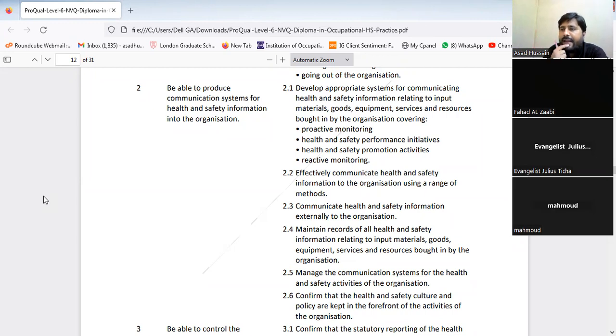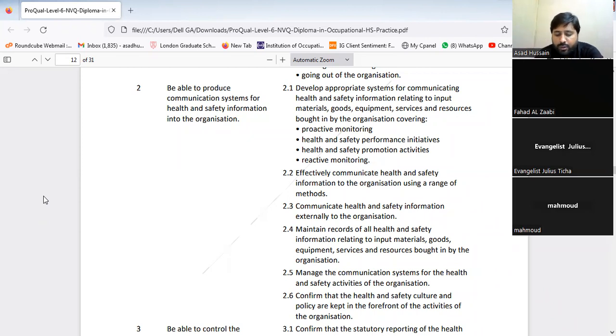Like if you are saying that we have proper posters or proper safety signs, then you have to give the evidence of that, what type of safety alerts, notices, or newsletter you are using for this purpose, that you are communicating health and safety information to the organization. Okay. Is it fine?